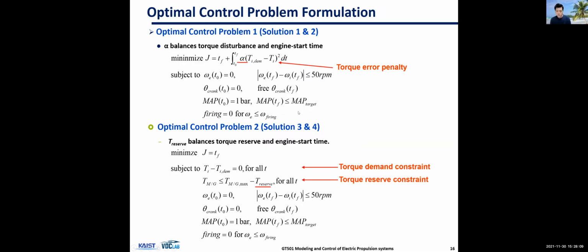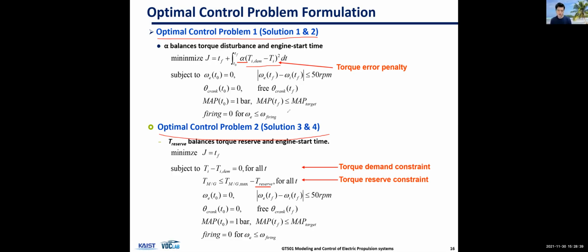So to find these solutions, I had to formulate two separate problems. One for solutions 1 and 2, and one for solutions 3 and 4. Because for 1 and 2, delta torque is something we can compromise, okay?